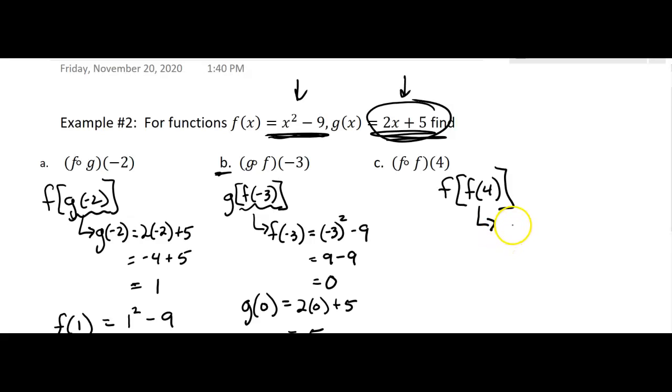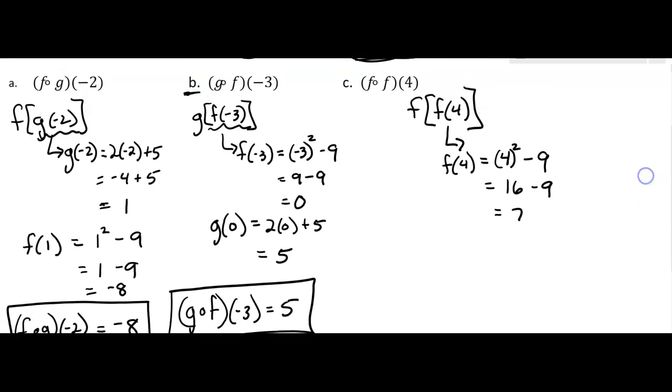f of 4 is going to be equal to 4 squared minus 9. All right, 4 squared is 16. 16 minus 9 is 7. I should have put parentheses around that. Okay, so it's going to be the same thing. Now we've got to find f of 7. So how do we do that?